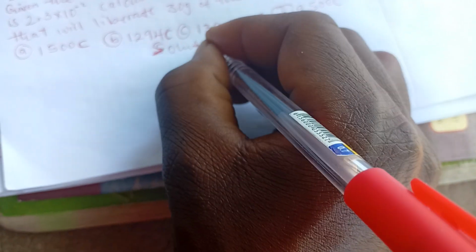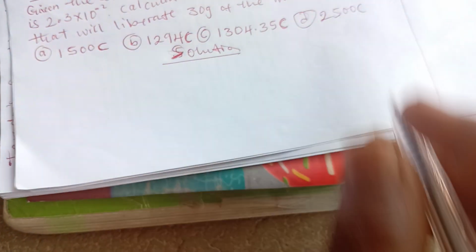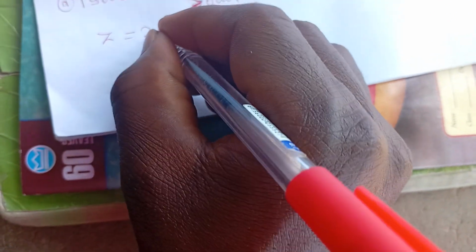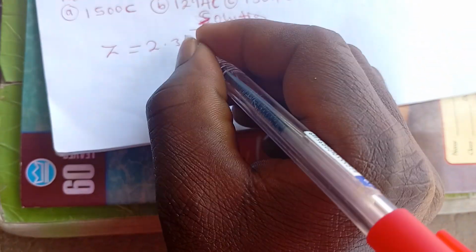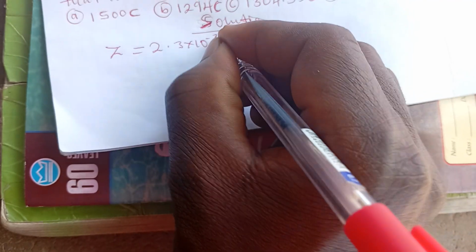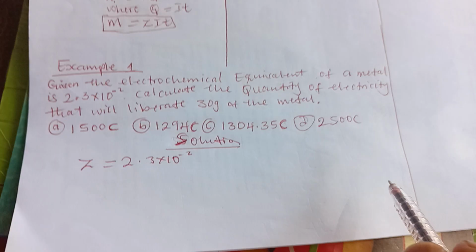After that, the electrochemical equivalent is given already, which is 2.3 exponential minus 2. Now, what again is given from our question?